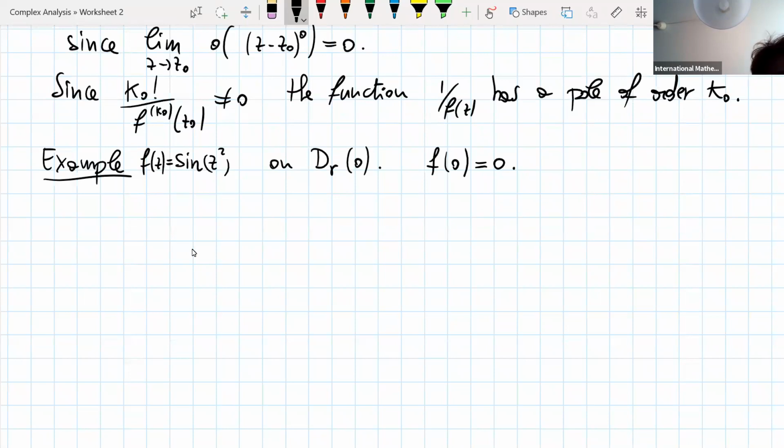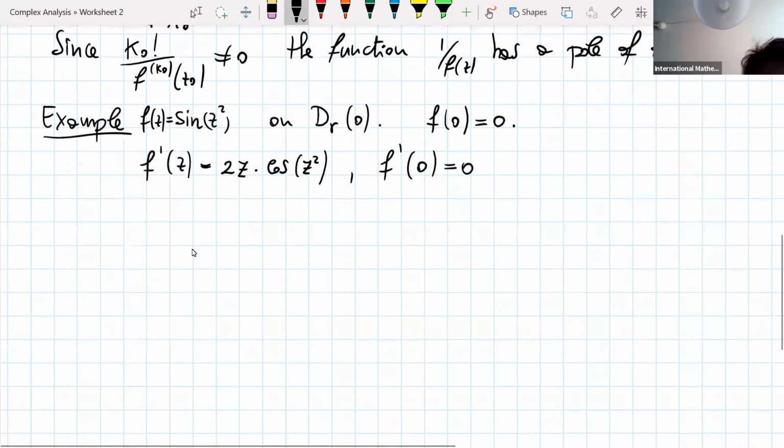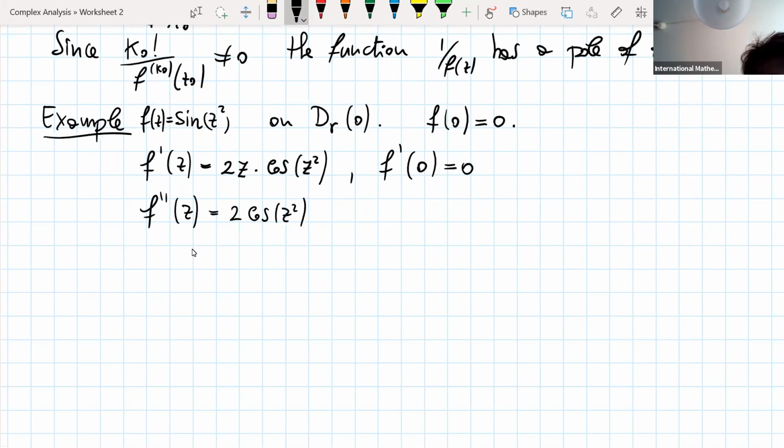So we know that f prime of z is equal to 2z times cosine of z squared. And so f prime of 0 is again 0. Now we can take the second derivative. This is the product rule, 2 times the cosine of z squared plus 2z times the derivative of cosine of z squared.